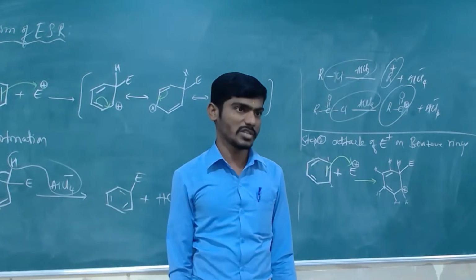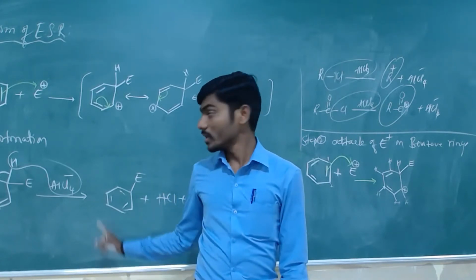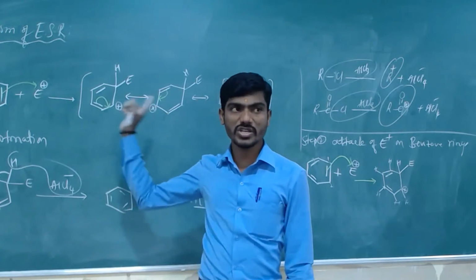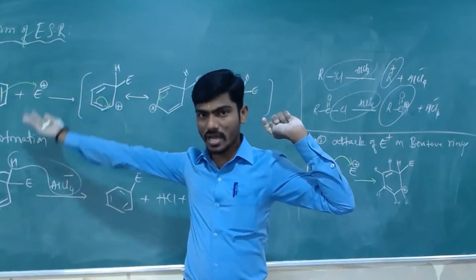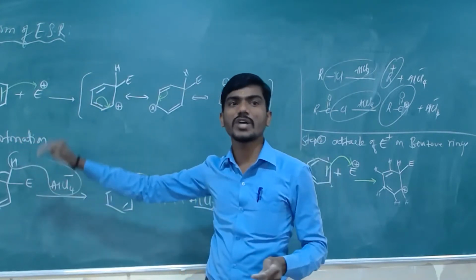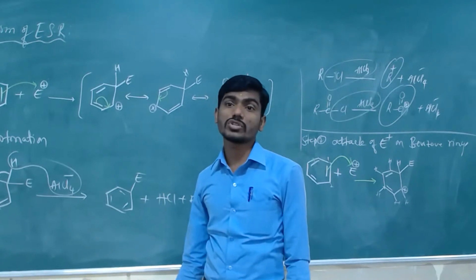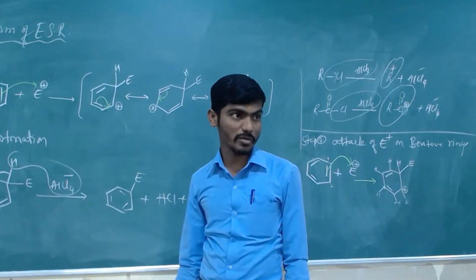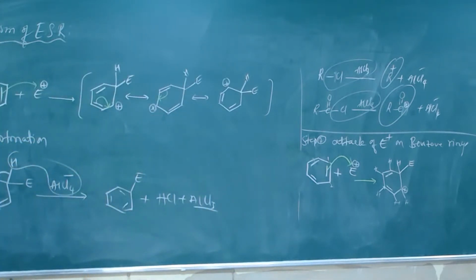The mechanism is the same. Check rearrangement, resonating structures. First step, generation of electrophile. Second, the electrophile attacks the benzene ring, and in the last step, the hydrogen, particularly the proton H plus, is removed. Just protonation, deprotonation. One proton will be eliminated.